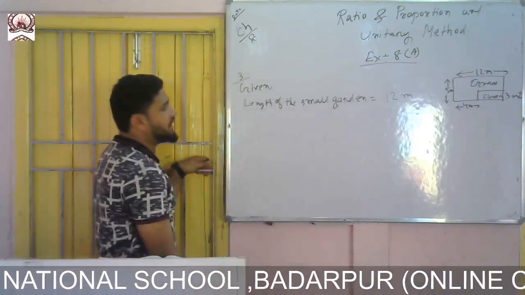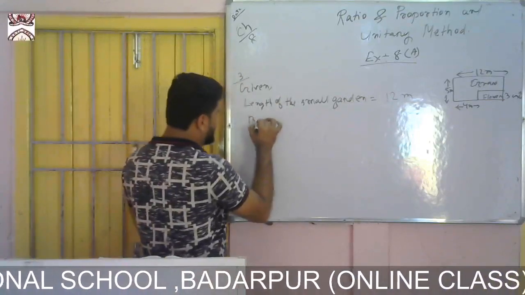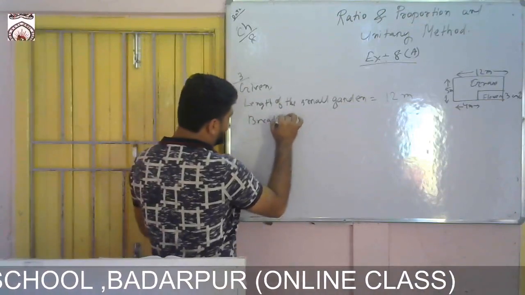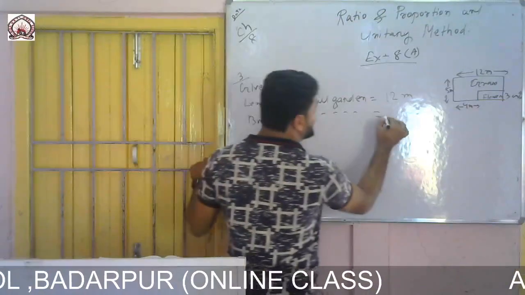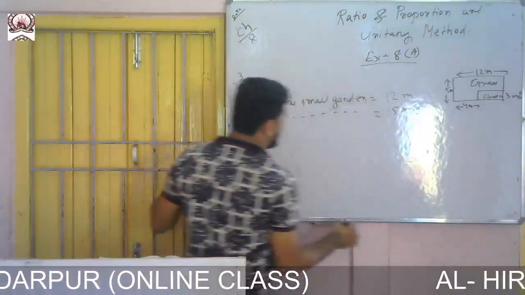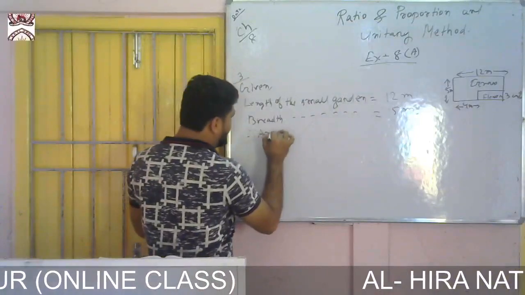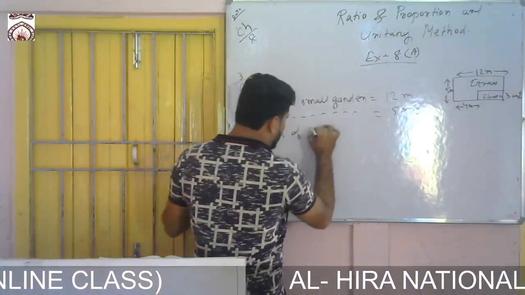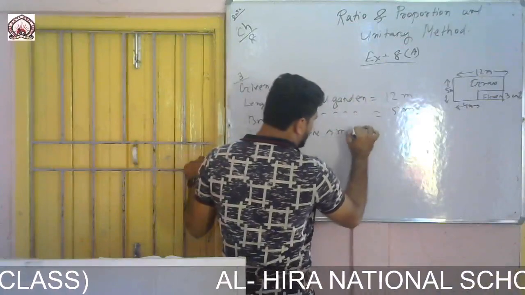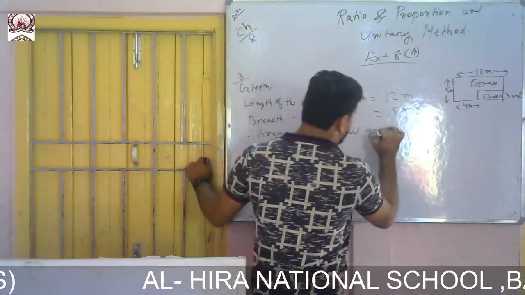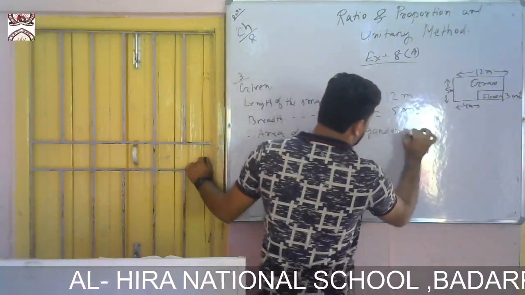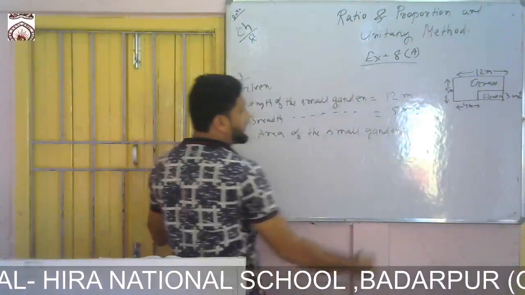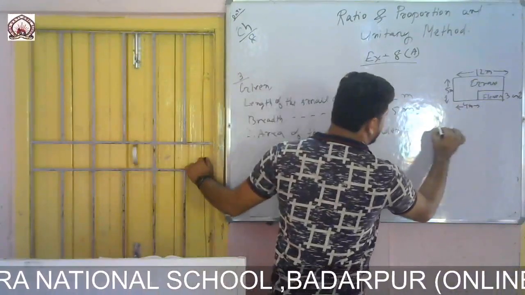Length of the small garden is 12. Then breadth of the small garden is 5 meter. Therefore, area of the small garden will be 12 into 5.